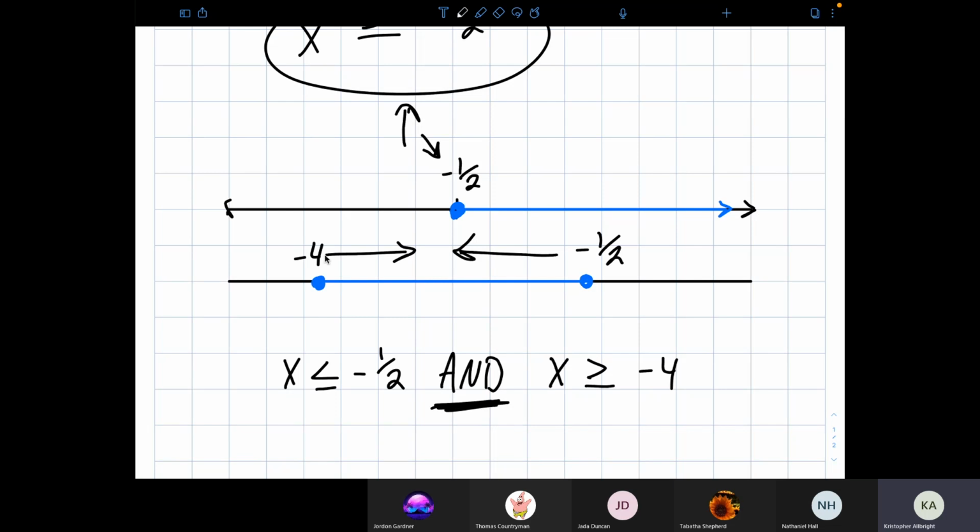So technically this negative 4 goes all the way over here and keeps going. It looks like this, starting at negative 4. And the negative 1/2 starts right here and goes all the way this way forever and ever, just backwards of the other thing. But when you say and, you have to meet them in the middle, where they overlap.